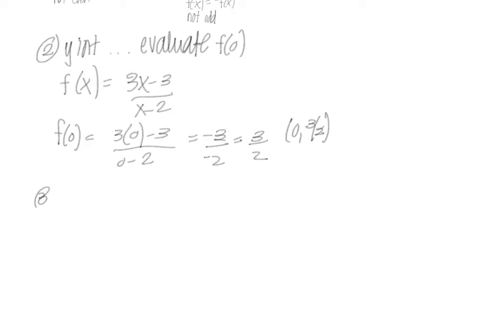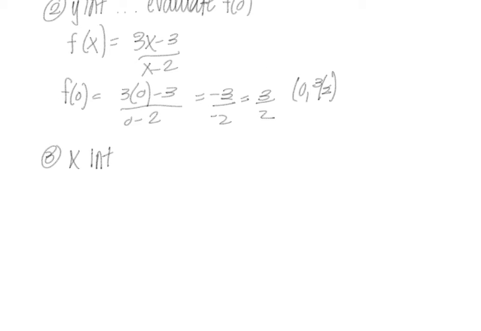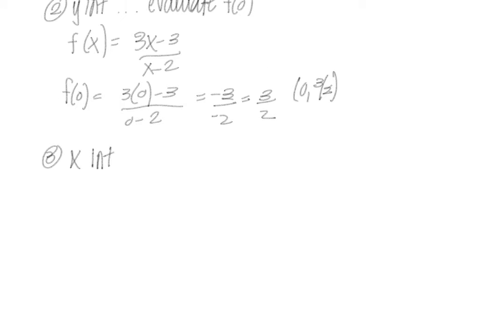So step 3, let's find the x-intercept. And that's by plugging 0 in for y. Well, f of x, again, was 3x minus 3 over x minus 2. F of x equals is the same thing as saying y equals. So what I want to do is say 0 equals 3x minus 3 over x minus 2.